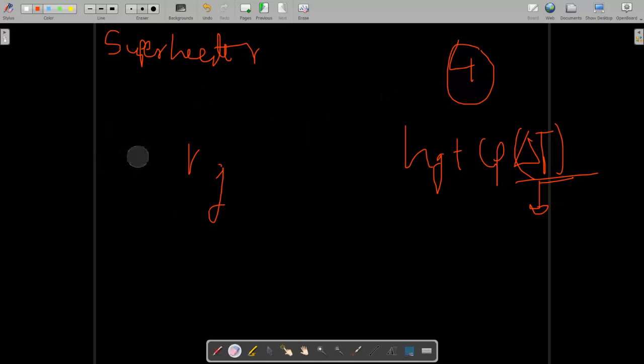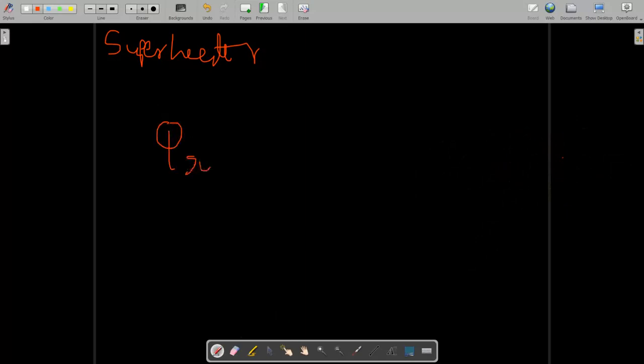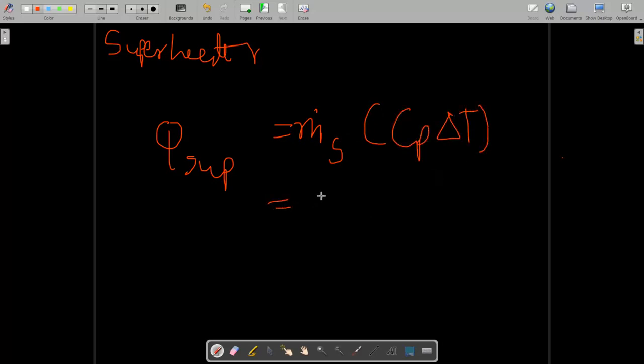Just writing down the equation. Q in superheater is given as mass of steam, here you have to write steam because now water is converted into steam, into Cp delta T. Why Cp delta T? I explained just a few seconds ago. If you still have doubts, go back 10 or 20 seconds.